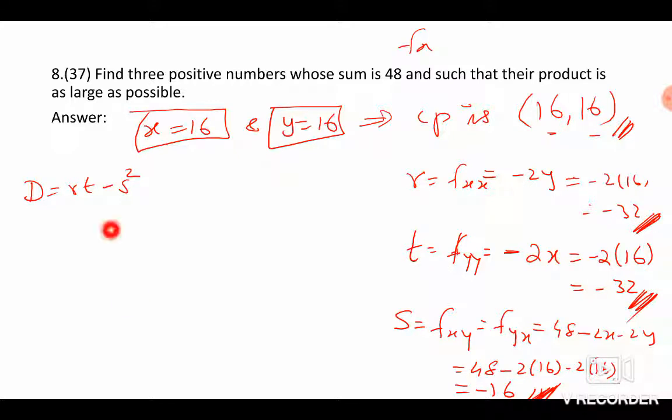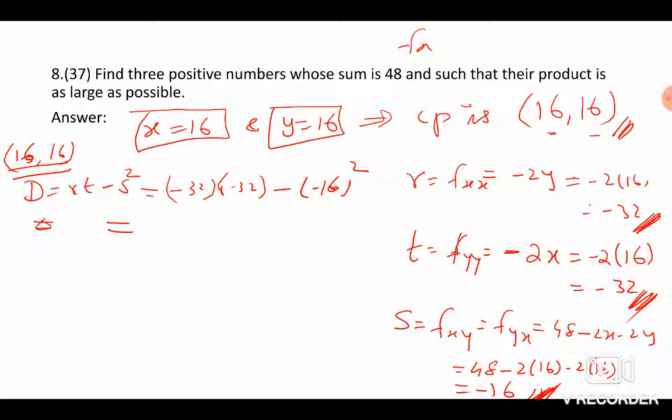Therefore, at the critical point 16 comma 16, we find D, which is negative 32 times negative 32 minus negative 16 square. So negative 32 into negative 32 will be 1024 minus 256.